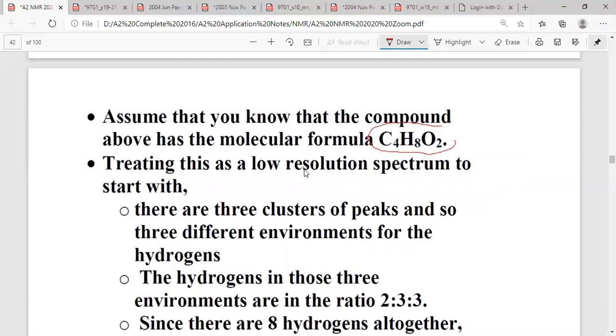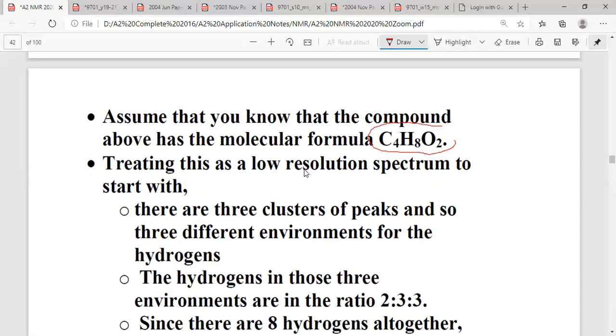Anything with O2 can be either a carboxylic acid or an ester. These are common ones. Of course, you can have a dicarboxylic acid or a diol. Normally you'll be given more information, for example, your mass spectrometer or infrared spectrum. So let's say this is the case.